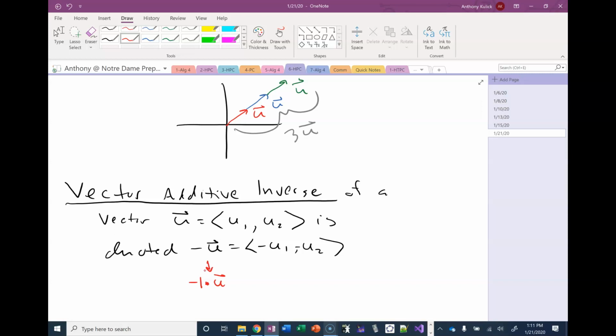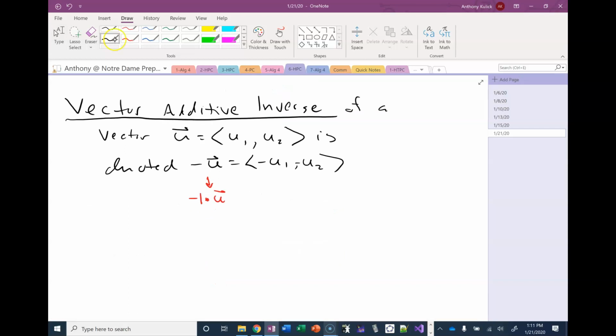Now, quick question. We saw that 3 times u changed only the magnitude and left the direction alone. What is -1 times u going to do? Is that going to change the magnitude? No. What is it going to do, though? It will change the direction, right? So if this is u, -u would be down here, right?